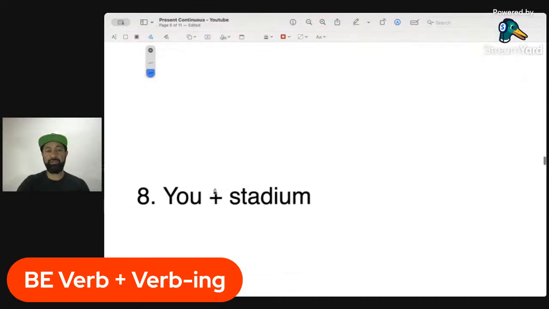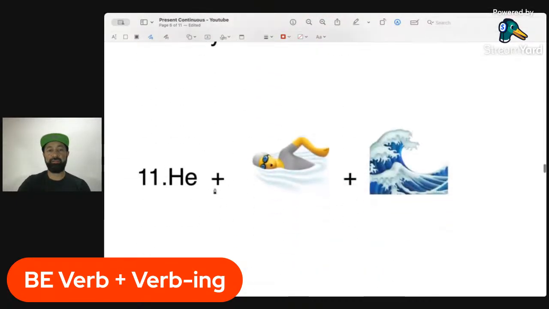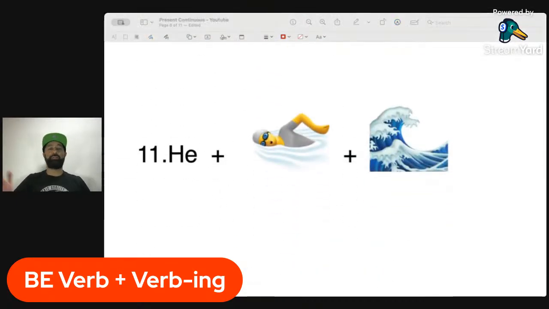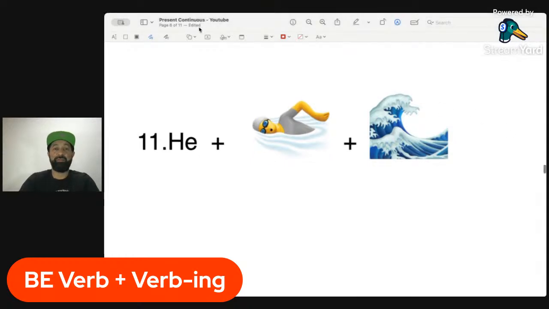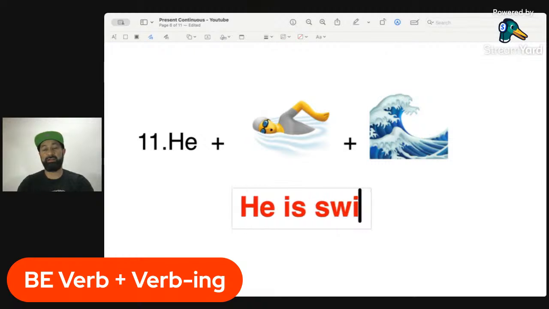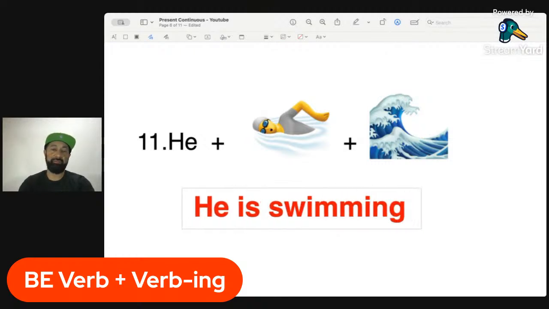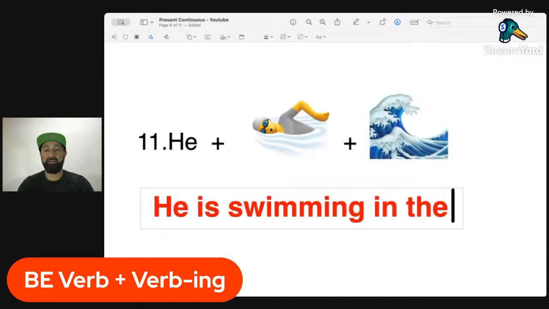All right, we've got a lot of things here, but I'm going to go to the next section because I've got some pictures. These are all actually emojis from my computer, from your phone. So I've got he, and I've got 2 emojis there. Using these pictures, we're going to make a sentence, and I want you to make the sentences as long as you can. So, for example, he is swimming in the ocean.